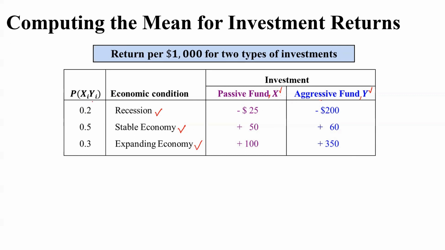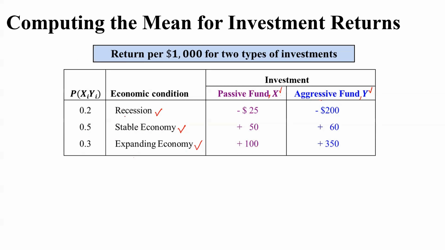The probability of recession is around 0.2. During a stable economy, the probability is around 0.5. And for an expanding economy, the probability is around 0.3. As you can see, during the recession the passive fund is about minus $25, while the aggressive fund is minus $200.